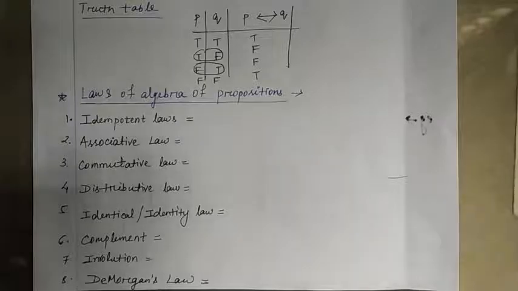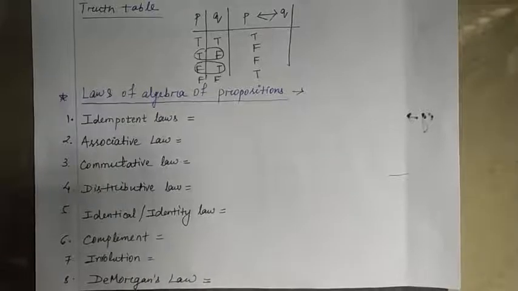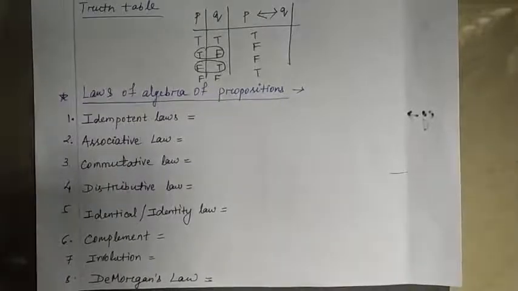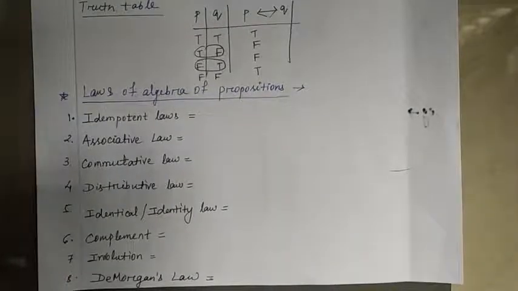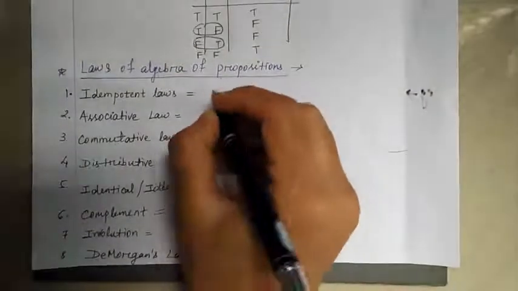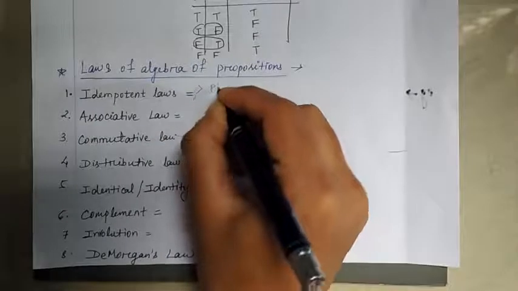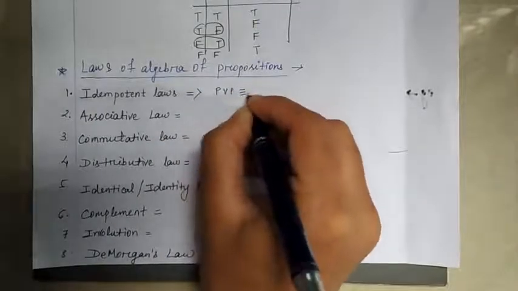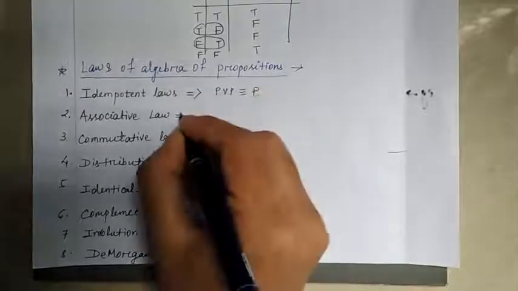Whether you have the AND or OR connective, you can apply both connectives to all these given laws. So I'll write here using one connective, that is OR, and you can write it using AND also. Idempotent law is P or P, you'll be getting the value as P.